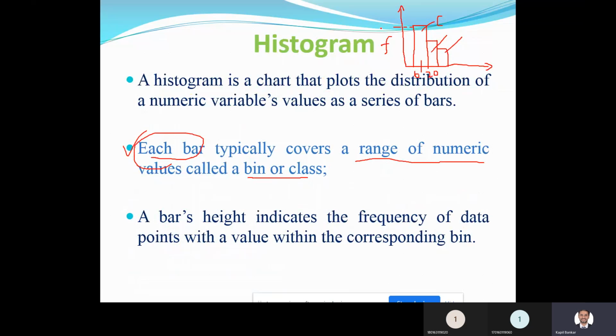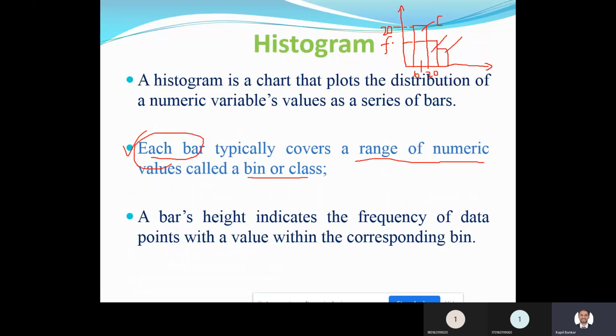Suppose here it is 20, so it occurs 20 times. This event, or this 10 to 20 range, occurs 20 times, meaning a frequency of 20. Suppose the second bar's frequency is 10, so that occurs 10 times in the process.